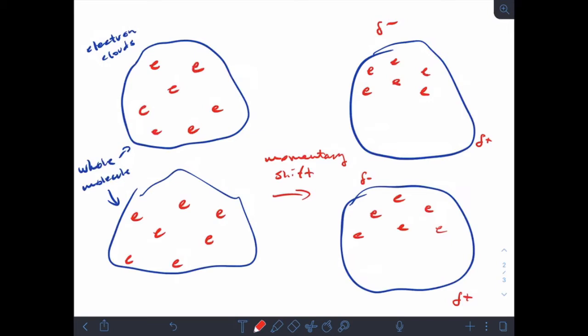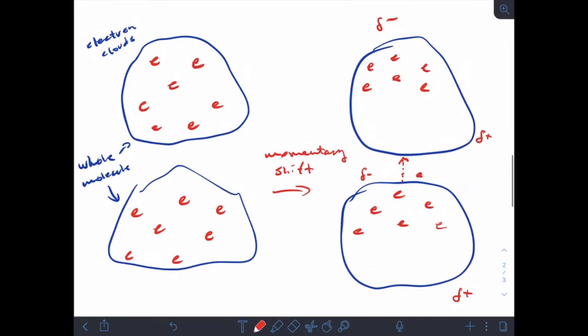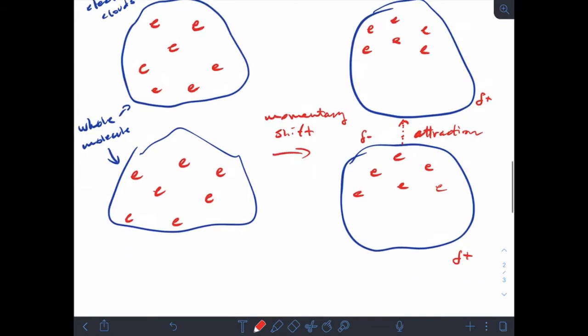So for just a fleeting instant, I have an attraction between my molecules, because I've got a momentary positive and a momentary negative. Right? We've referred to this as a temporary dipole. Okay?